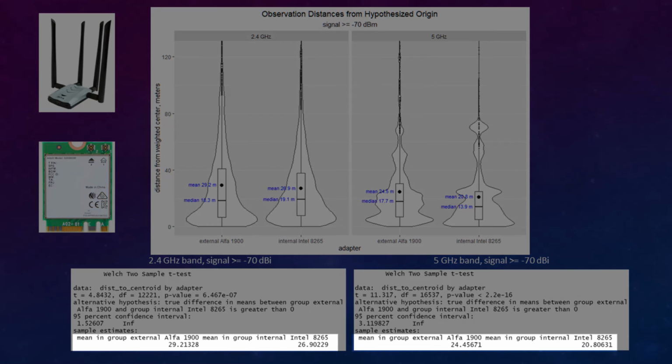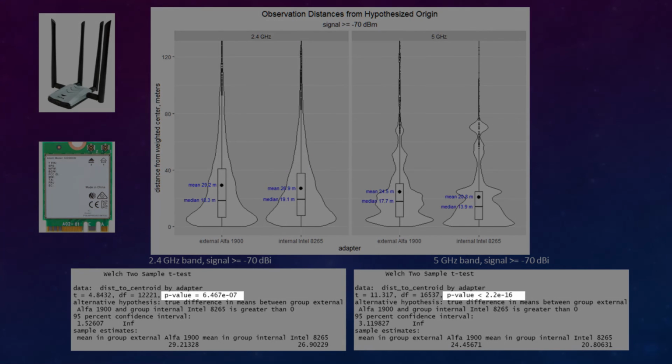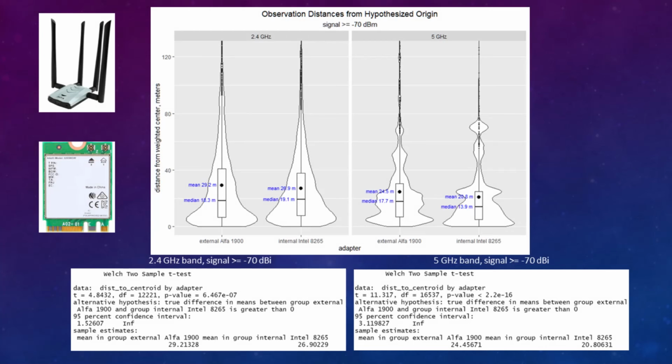We see here that, for both bands, the alpha 1900 unit outperforms the internal adapter. By looking at the p-values, the difference in means is unlikely due to chance. For both adapters, we see some unusual multimodality on the 5 gigahertz band, but that's a subject for further research.